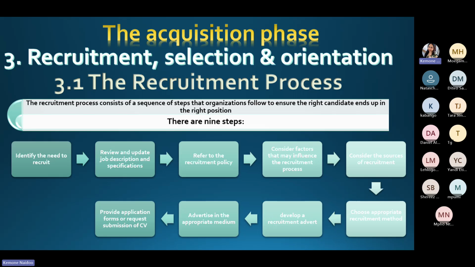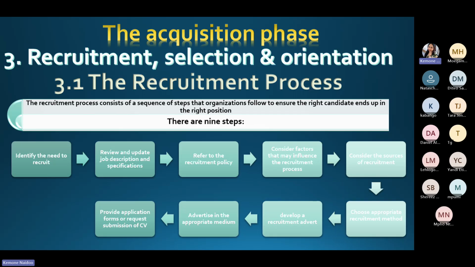The next step is referring to the recruitment policy. There's always going to be a policy in business because there's procedure that a company has to follow. So we do have a recruitment policy, and HR managers have to stick to this policy. The policy basically tells us the do's and don'ts of the recruitment process. And especially with the law, we have to go according to the law. So if you think about the POPI Act, there are certain pieces of information that can't be spread.